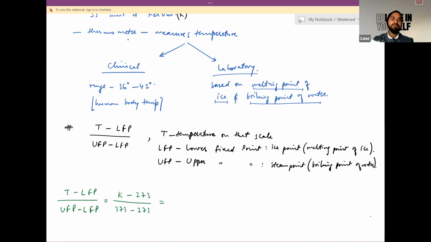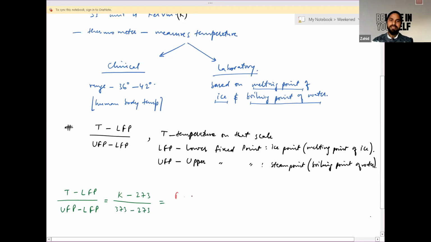Similarly, in terms of Fahrenheit, it will be (F minus 32) divided by (212 minus 32). In terms of Celsius, it will be (C minus 0) divided by (100 minus 0). In terms of resistance of platinum wire, we can use (RT minus R0) divided by (R100 minus R0), and so on. In any scale, you can use it.